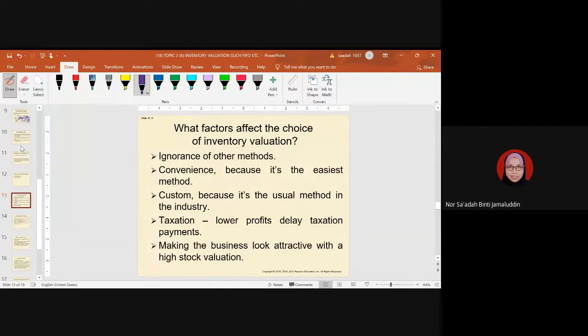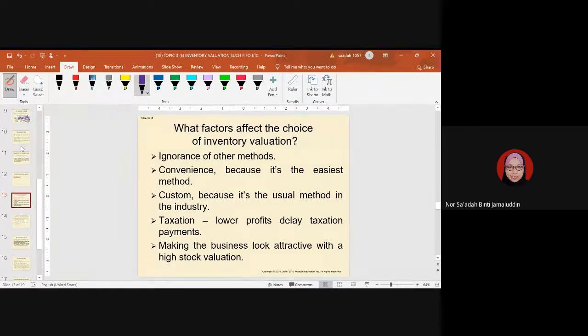Okay, the taxation part, lower profit delay taxation payments. So sometimes, okay, the company choose the lower profit because higher profit we need to pay higher taxation, and then with the lower profit we must delay, okay, or must less our taxation payment. Making the business look attractive with a high stock valuation.